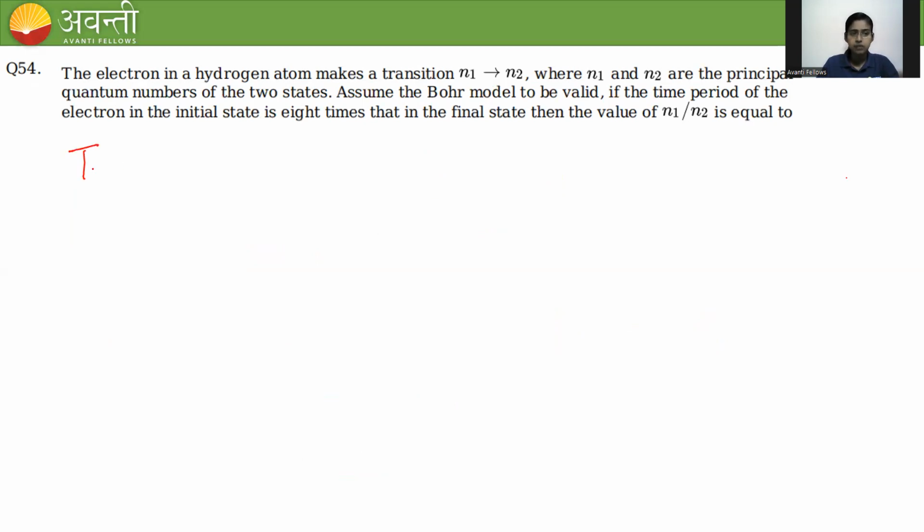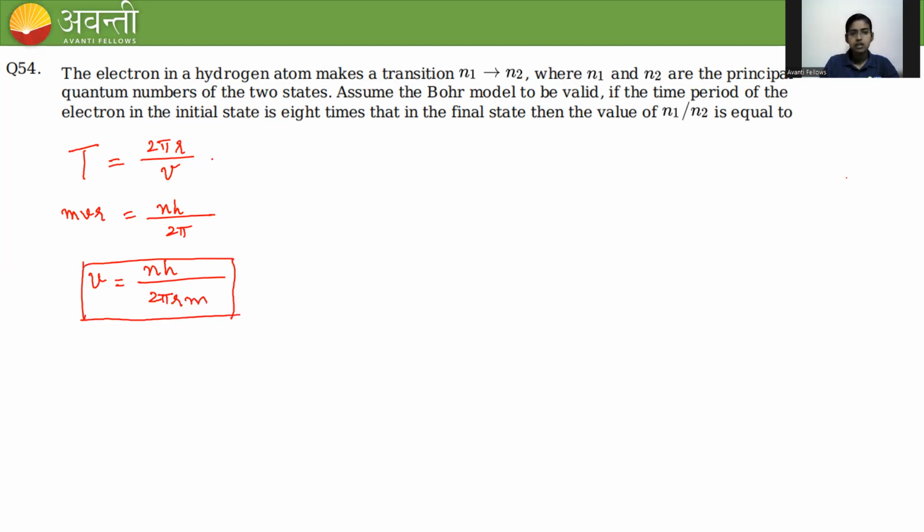We know that time period is equal to 2 pi r by v. And we all know that angular momentum mvr is equal to nh by 2 pi. So from this, v is equal to nh divided by 2 pi r m, right? So we can substitute this velocity value in the time period relation 1.